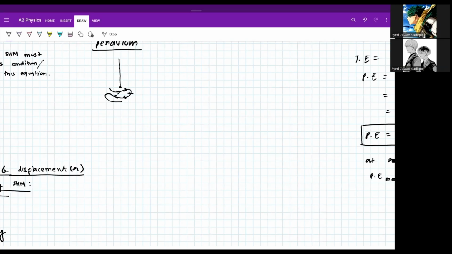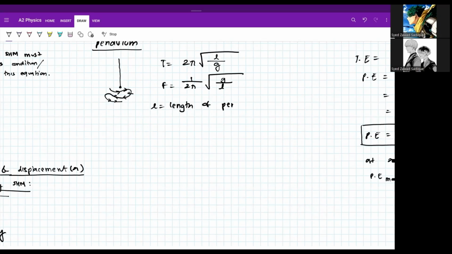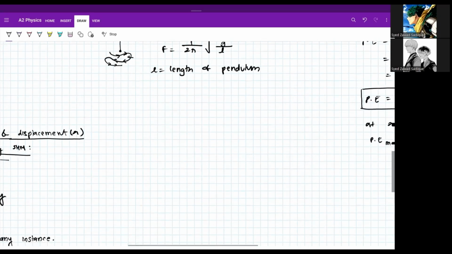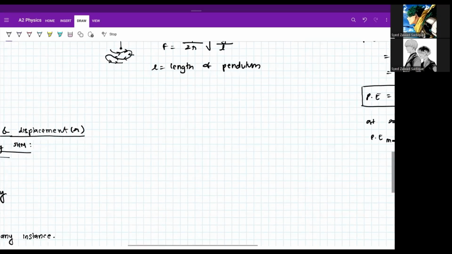Time period is equal to 2 pi root of length by g. Frequency is just the inverse, 1 by 2 pi root of g by L. L is length of pendulum, and g is acceleration of free fall.